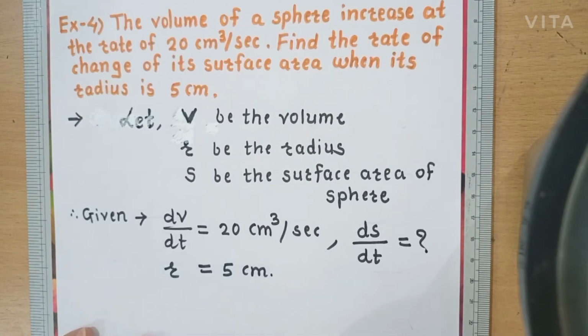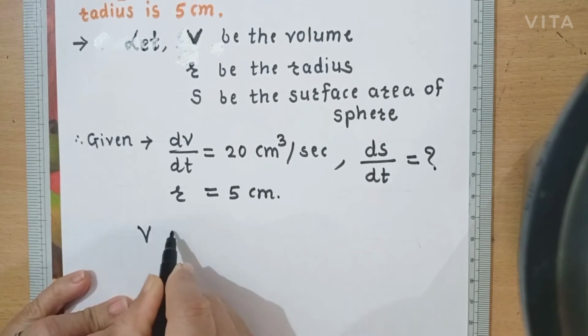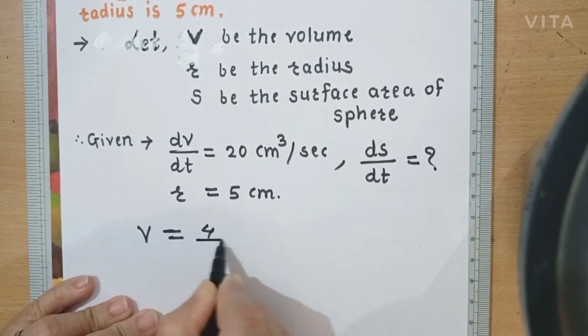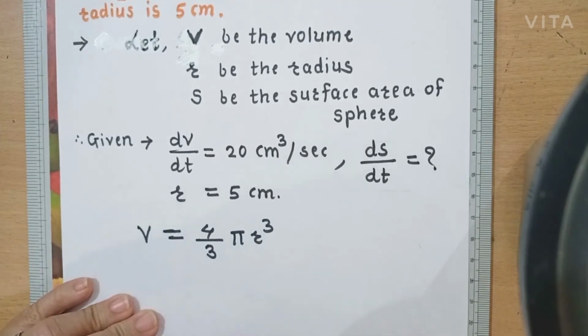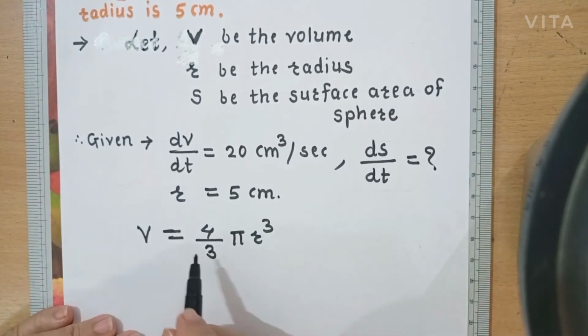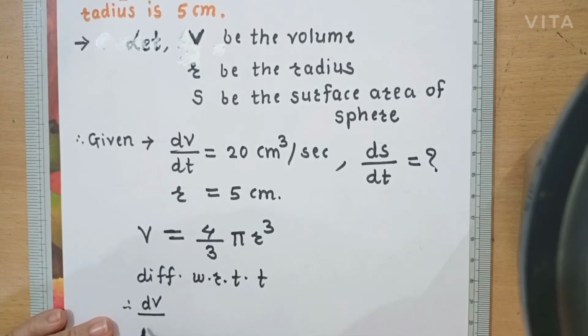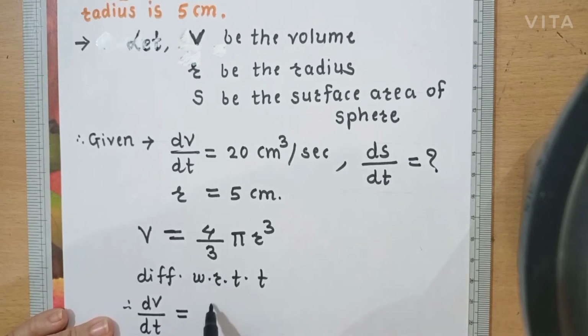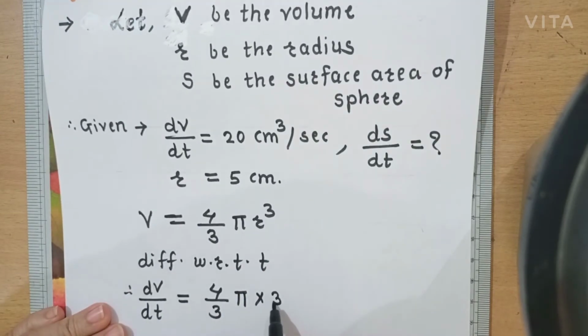So first we will write down the formula for volume. We know that the volume of a sphere is given by 4 by 3 pi r cube. Now again differentiate this with respect to t. So dV by dt is equal to 4 by 3 pi, this is constant, and the derivative of r cube is 3r square into dr by dt.